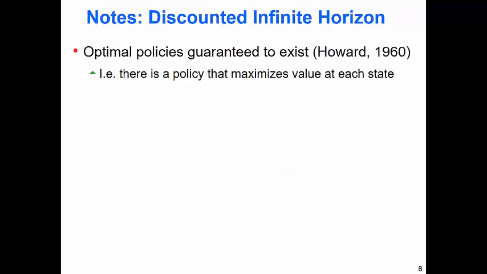This theory has been around for a long time, and what Howard showed in the 60s was that given this infinite horizon discounted setting, there's always going to be an optimal policy, right? So that's one of the first mathematical questions you would ask. Does there always exist an optimal policy? And here we're saying an optimal policy is one that is better or as good as any other policy across all states, right?